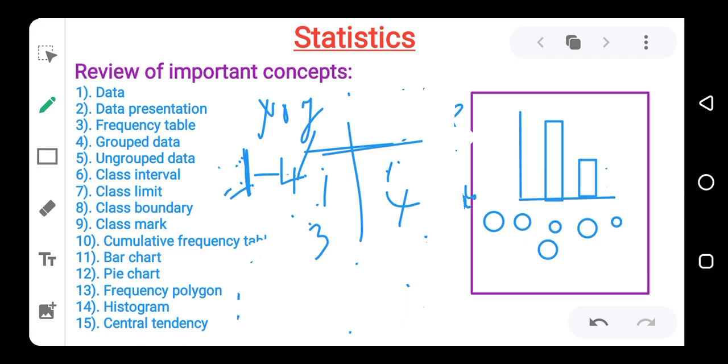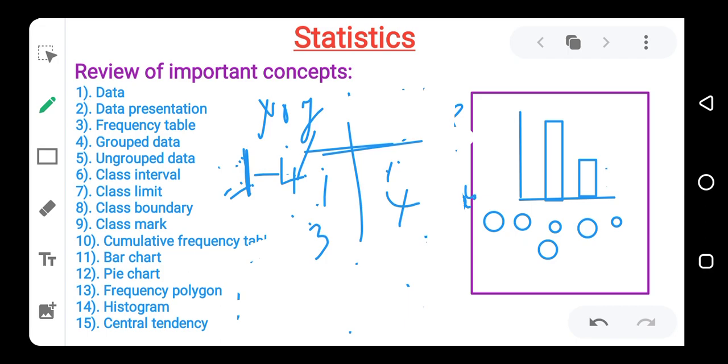table. Cumulative frequency means the frequency or the number of occurrence of a class interval plus the frequency of the one that is coming before it.